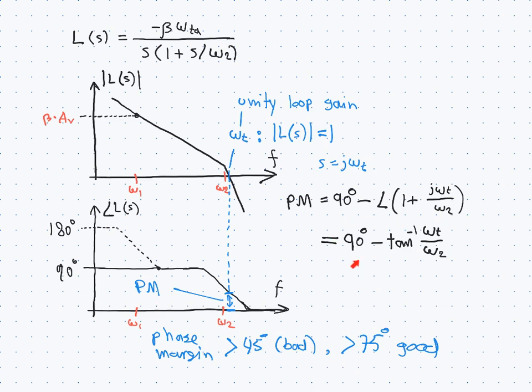So we have the phase margin equal to this expression here. Now what we can see, of course, is that if omega 2 sits right at the unity loop gain frequency, then the tangent of that becomes 1, and then the inverse tangent of that is 45 degrees.